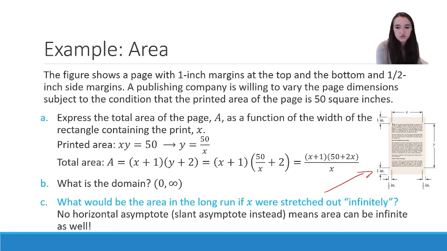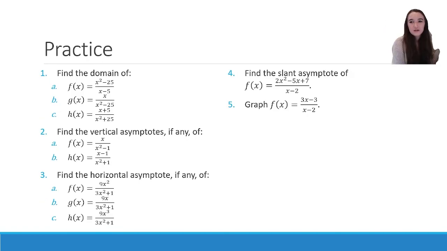So the area can be infinite as well. Which is a little bit weird to think about, but if I had x as really, really long, or really, really wide, I guess, and y as really, really thin, I can keep stretching this out. It's technically possible to get this infinite area.